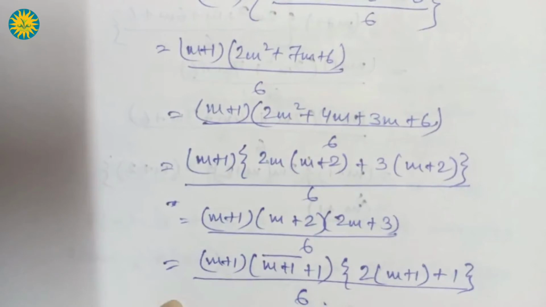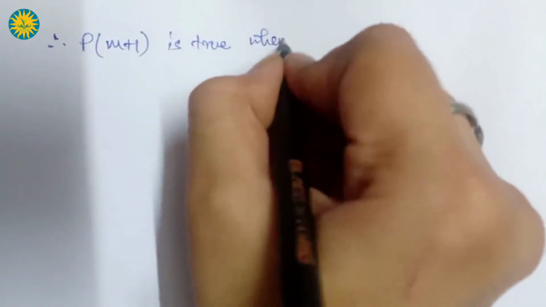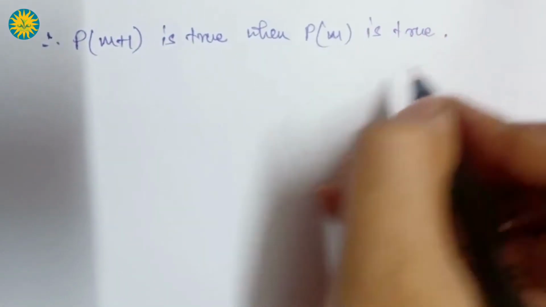So this is in the form of our given statement, which means that P of m plus 1 is true when P of m is true.